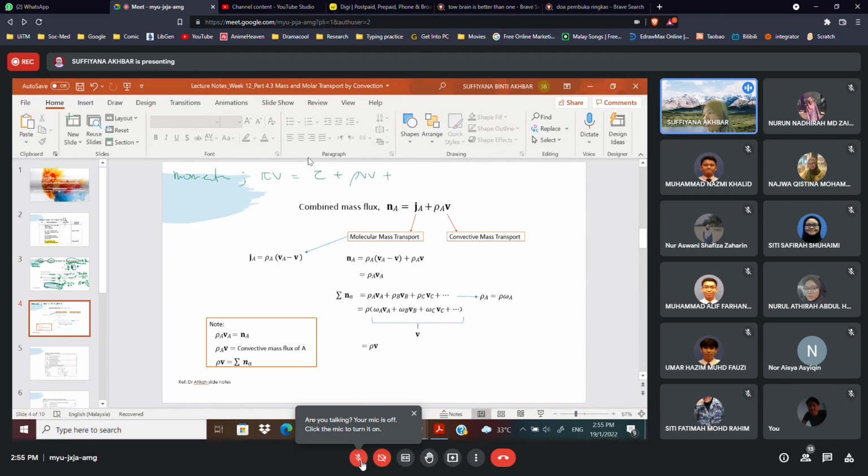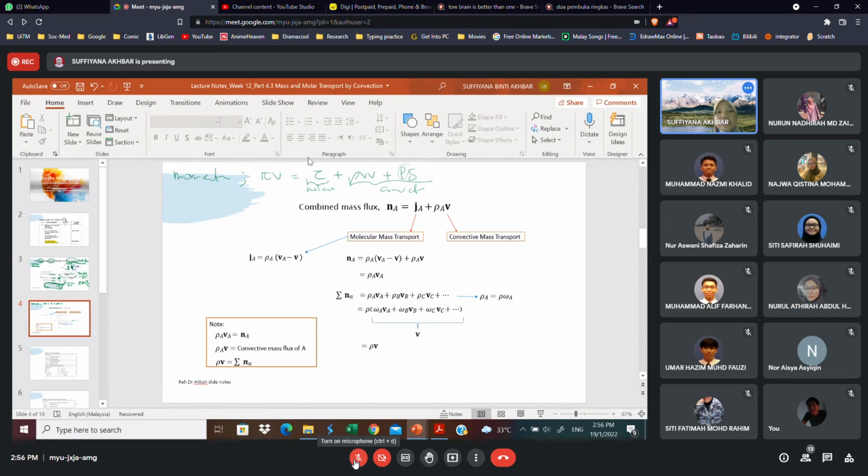Plus dengan P delta, right? So this is by molecular and this is by convective. Ingat tak? Kan? So tahu dia akan guna Newton's law. So rho VV itu lagi P delta. This is of pressure and this is due to the viscous stress.